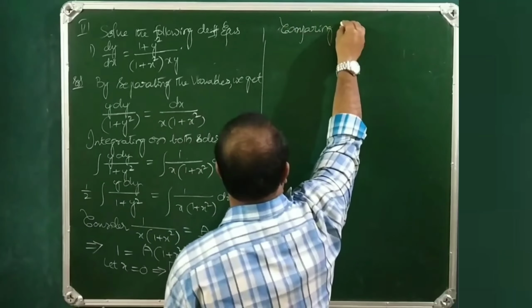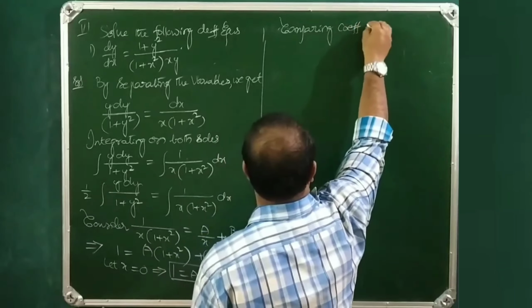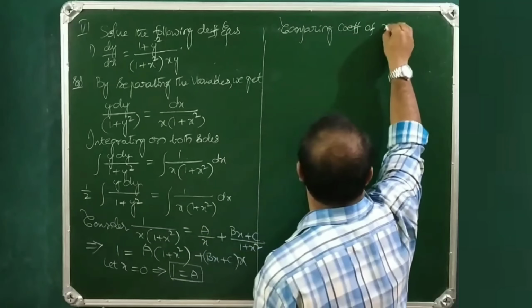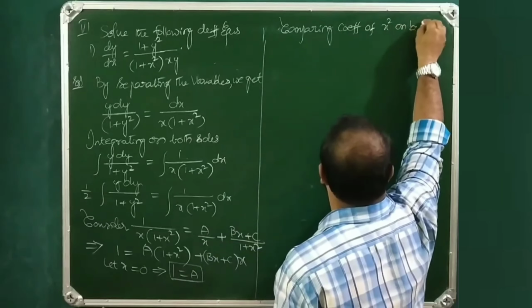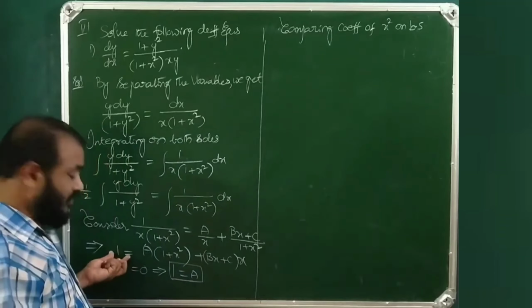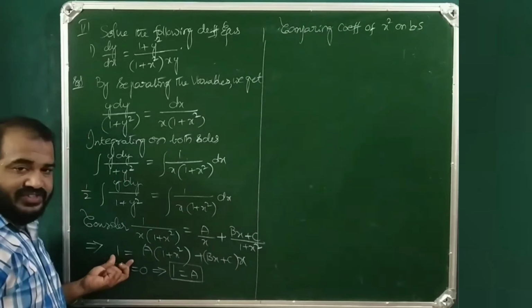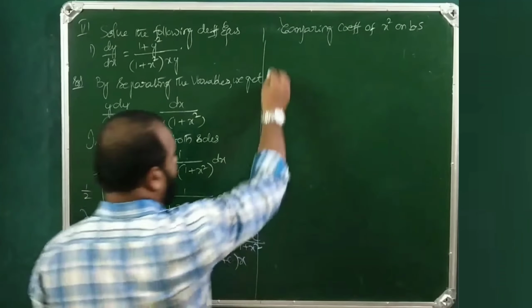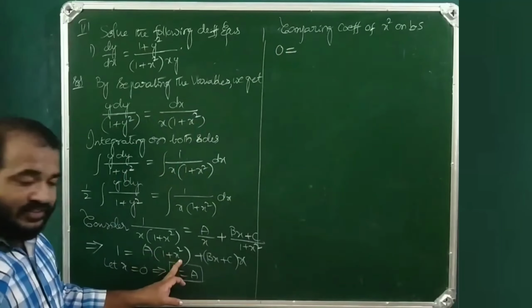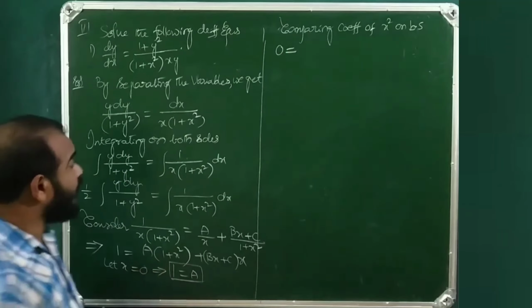Now comparing coefficients of x square on both sides. Here there is no x square in the LHS, therefore 0 is equals to a into x square. So the x square coefficient is a.